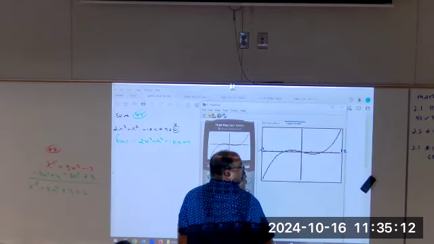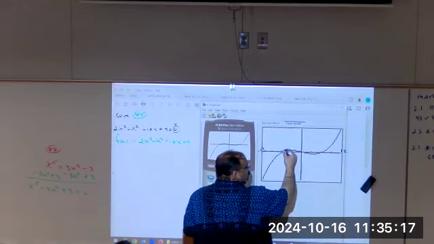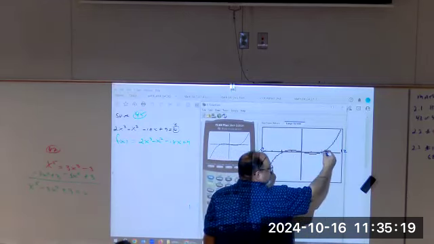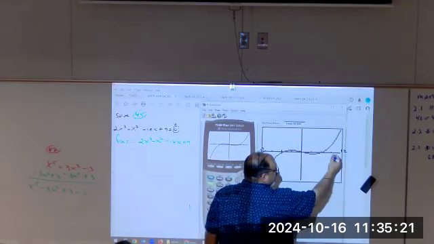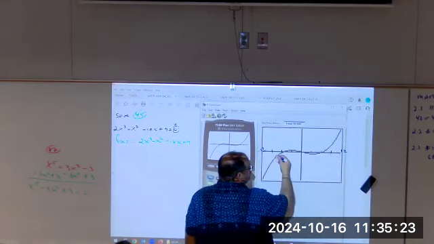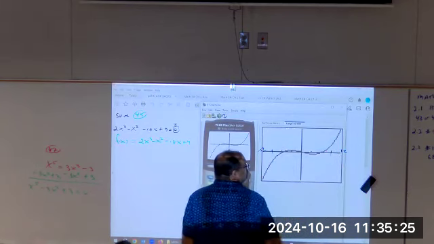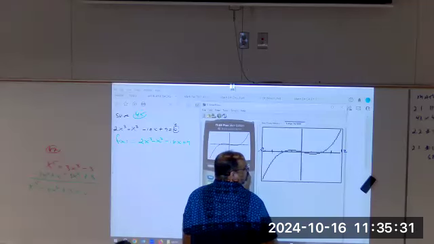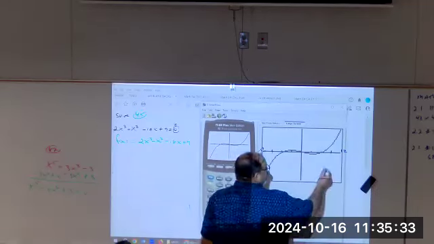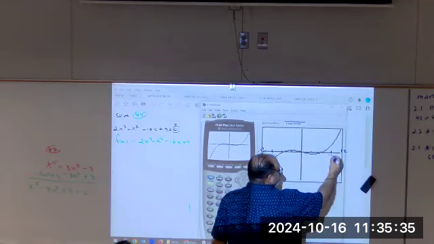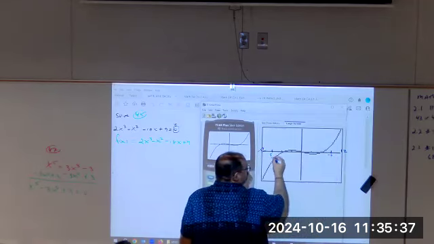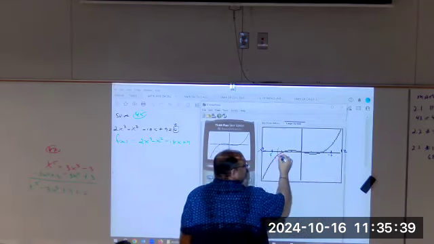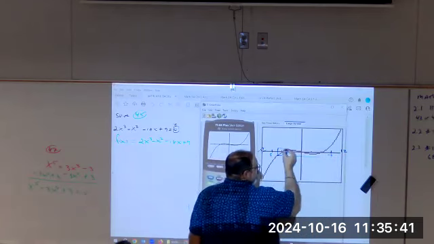So what I'm really looking for, I really only need to see this much of the graph. Well, what's wrong? I'm going to tell it to look at negative 9 to positive 9, and I only really need to look at the x-intercepts.